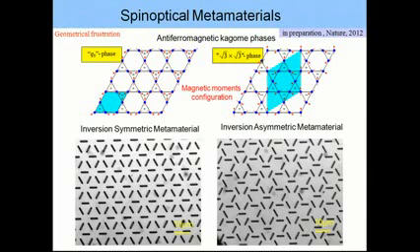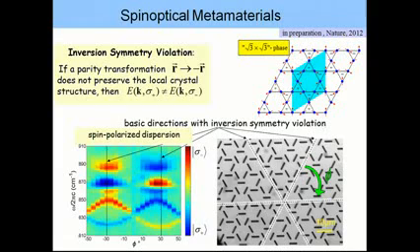Instead of using magnetic moment configuration or spin configuration, we used here a localized plasmon configuration excited by a nano antenna in a space-variant orientation direction. For the inversion symmetry material, we observe spin-independent deflection. However, for the inversion asymmetry Kagome lattice, we observe spin-dependent deflection, and you can see here omega as a function of azimuthal angle.